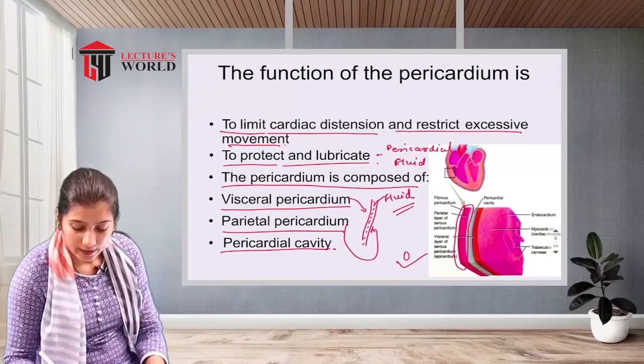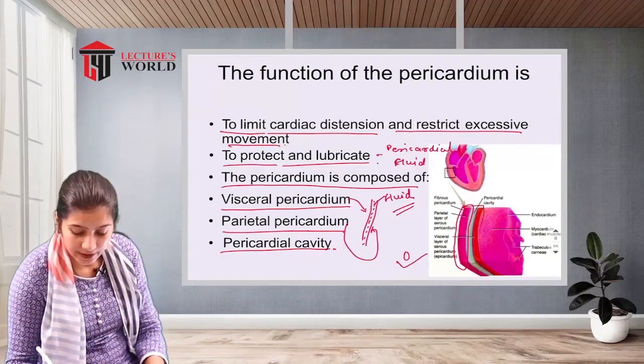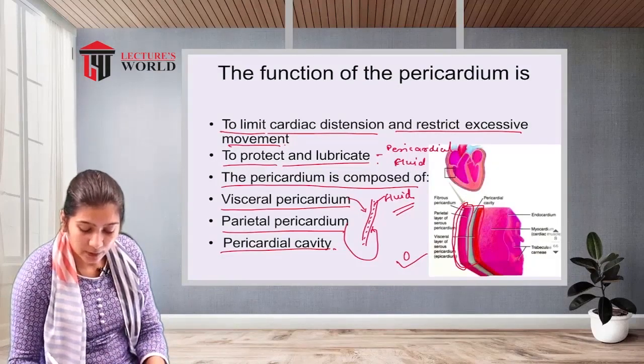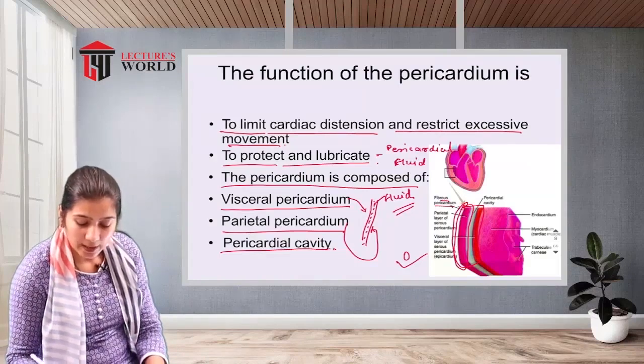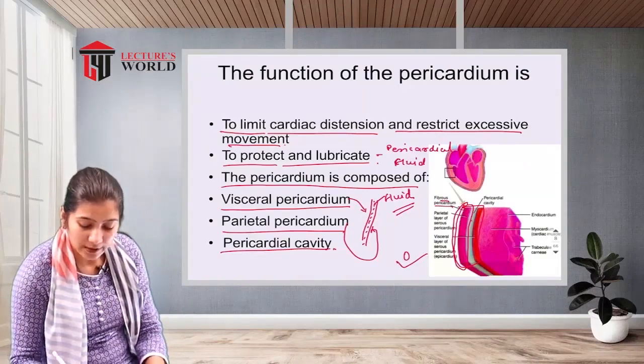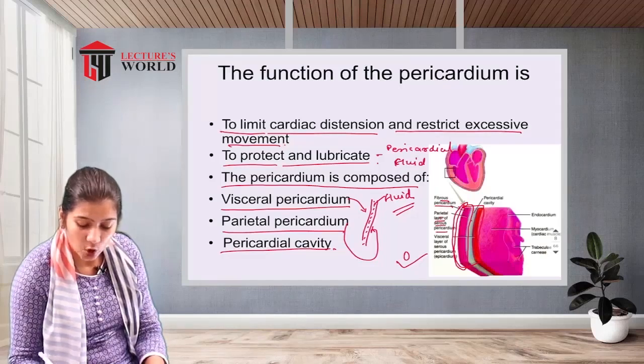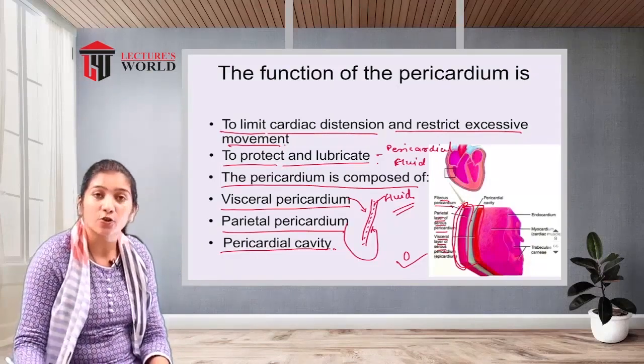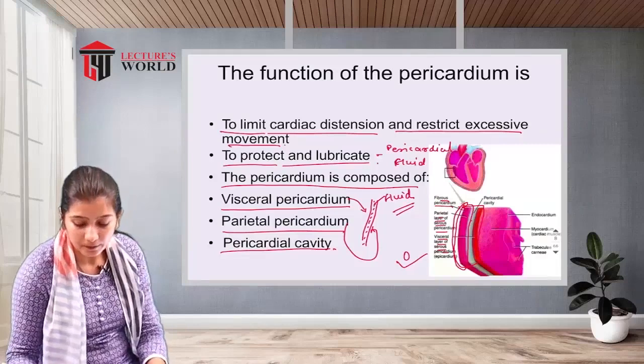Okay, there are three sections in the pericardium. The outer one is known as a fibrous pericardium. Okay, the inner two is known as a parietal layer of the serous pericardium, and this one orange color is known as a visceral layer of the serous pericardium. Okay, and that layer is also known as an epicardium.